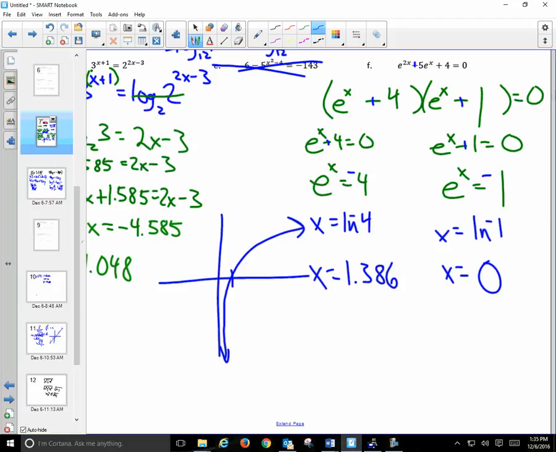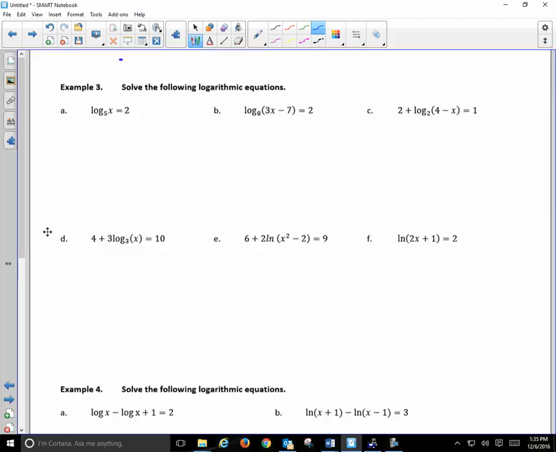Flip it over. Let's switch it up. If I have log base 5 of x is equal to 2, many of you will think 5 to the second power is 25. But that's going to be a little bit harder when you get to letter E, correct? So let me show you the inverse operation. I'm going to create a base of 5.